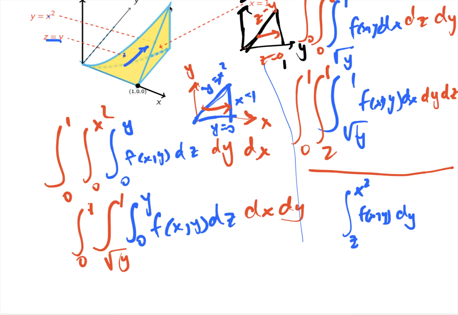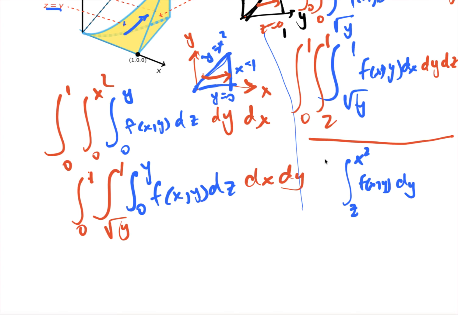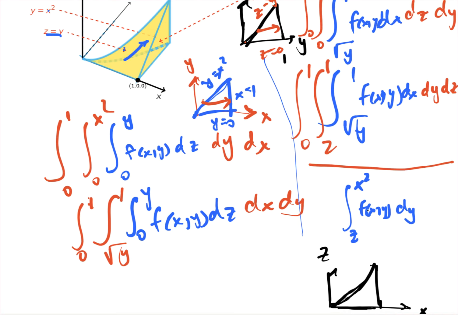Then what you want to do is look at the projection of that into the xz plane, and into the xz plane the shape looks like this. I can see x and z, and it goes like that. That one is x equal to 1, z equal to 0, and I have to figure out what that curve is. It's between these two equations.